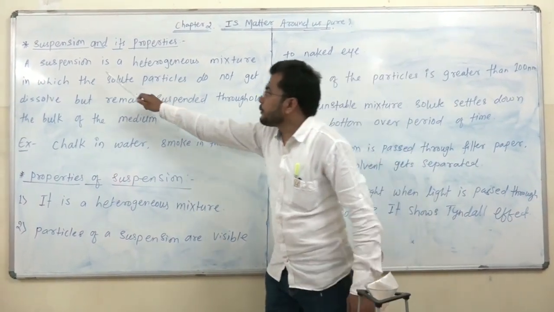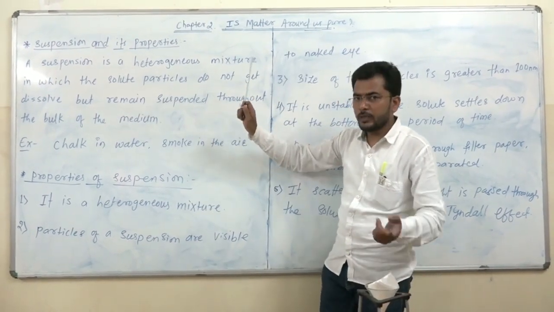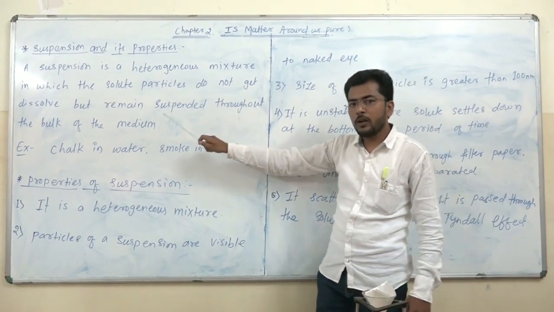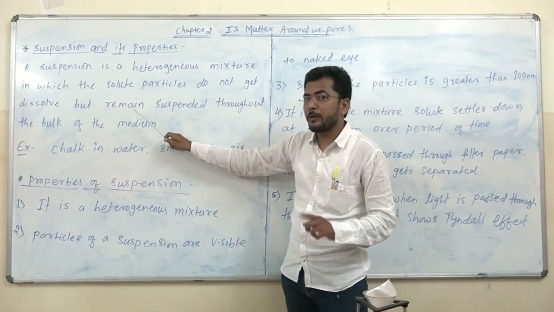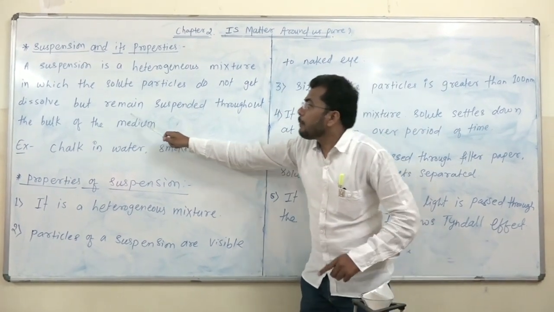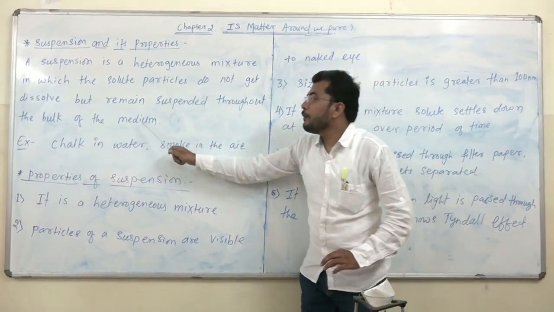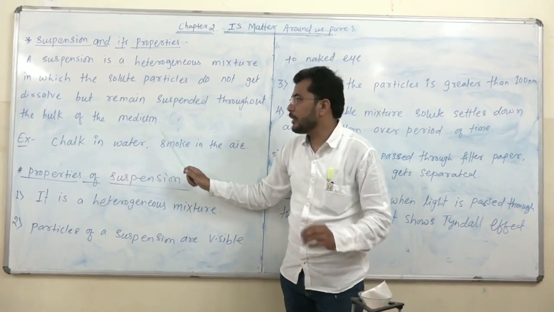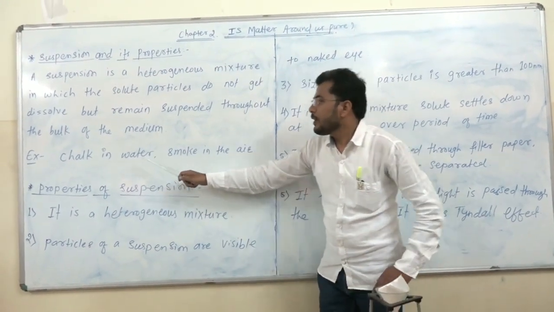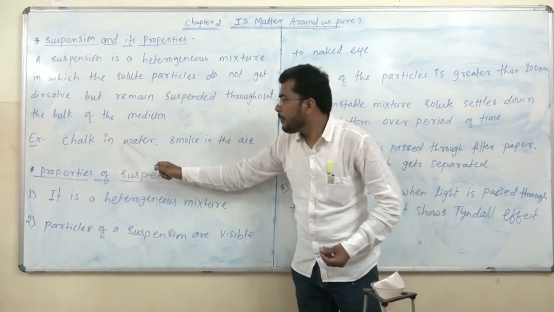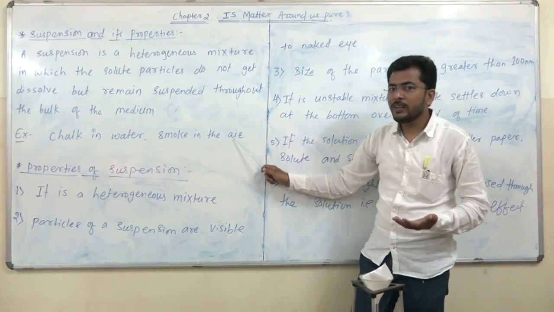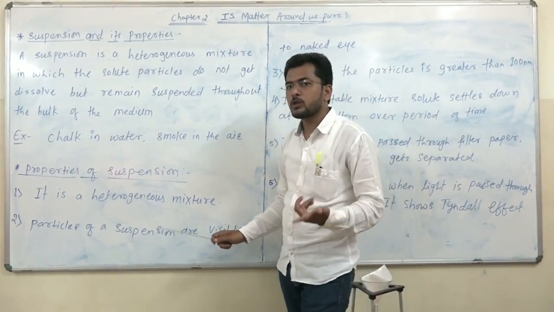Okay, so suspension is a heterogeneous mixture, solution is a homogeneous mixture, in which the solute particles do not dissolve in a suspension but remain suspended throughout the medium, while in a solution they dissolve. Examples of suspension: chalk powder in water, smoke in air. For solution: salt in water or sugar in water.